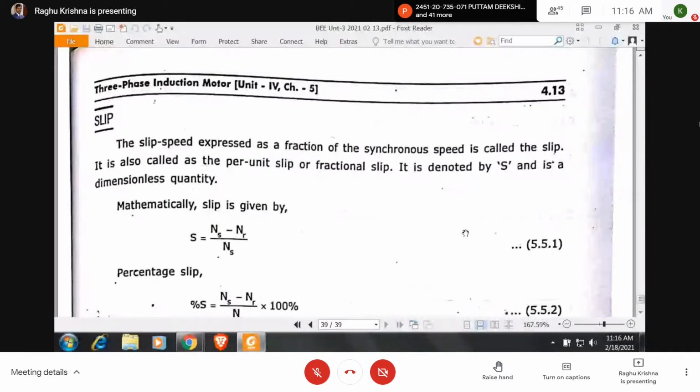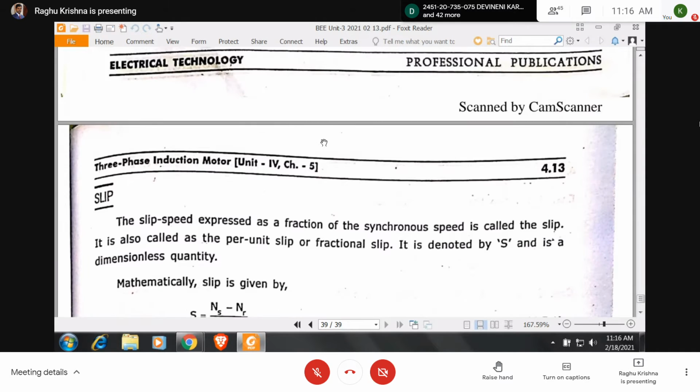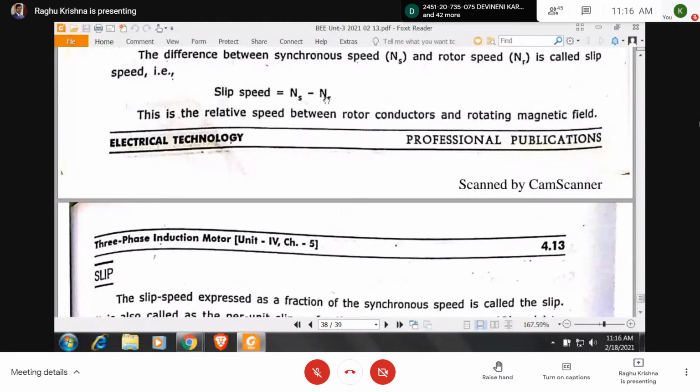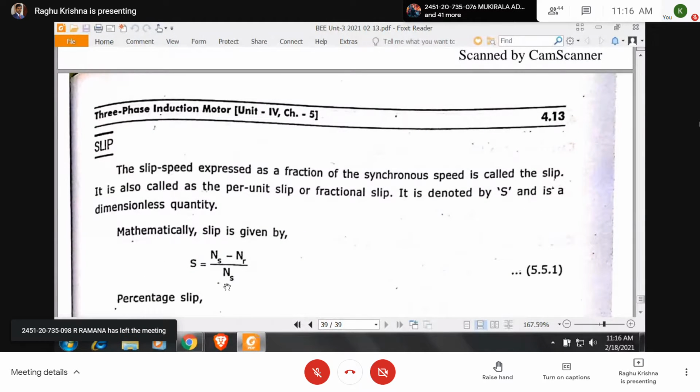Next, slip. Slip is indicated with S. Is it clear? So Ns minus Nr is slip speed, whereas the slip is given by Ns minus Nr by Ns.